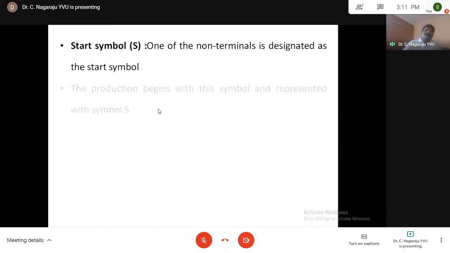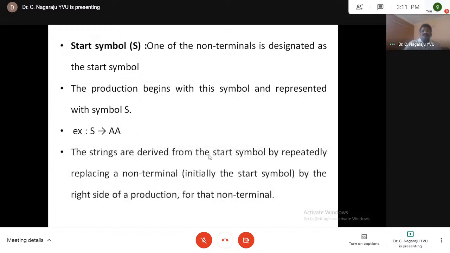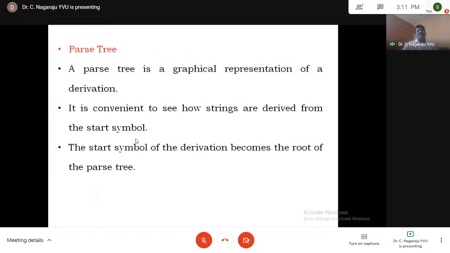The productions begin with this symbol. For example, S can have the form of two capital letters. That means we can derive the string.